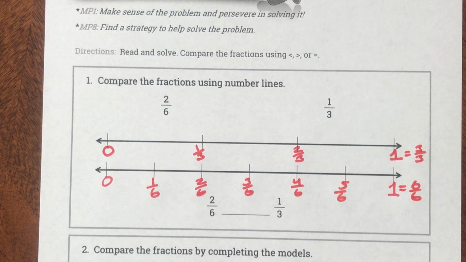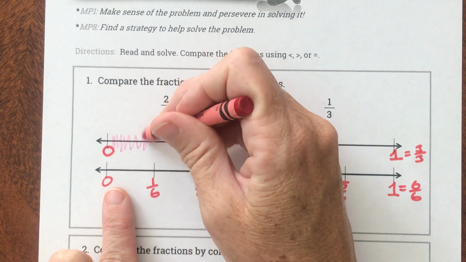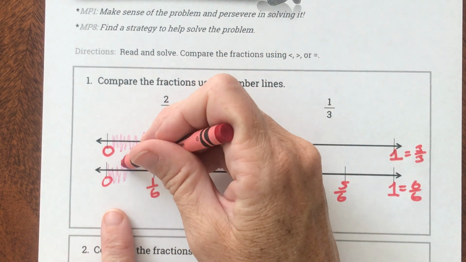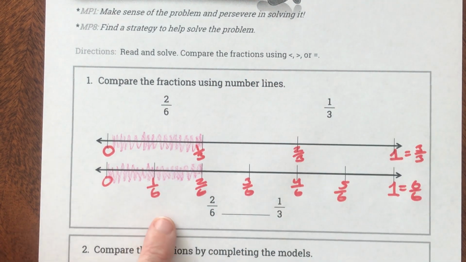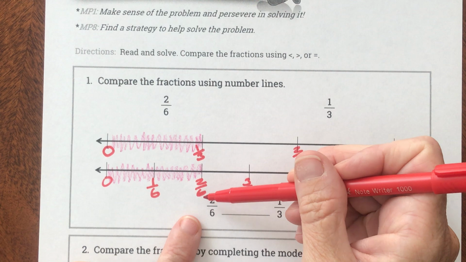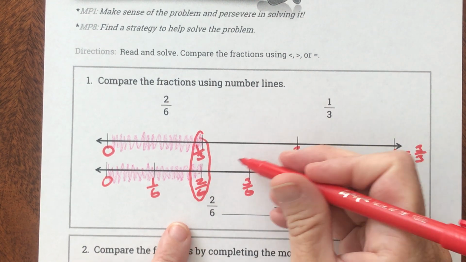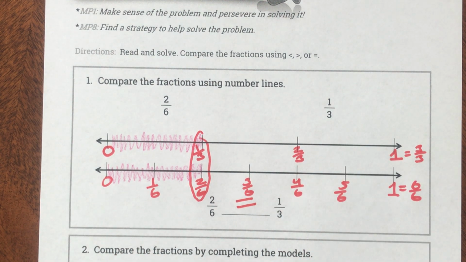Okay, so they want us to compare 2/6 to 1/3. Well, 1/3 is this much, goes to here, and 2/6 goes to there. So 1/3 and 2/6 are actually the exact same amount. So those are equivalent. So they're equal in value.